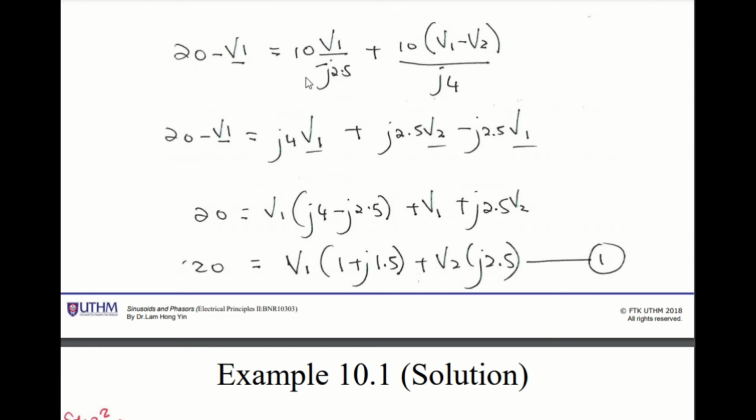Basically over here, minus J2.5 becomes plus J. If the J is at the bottom and goes up, minus becomes positive; if it is positive, it becomes a minus value. Don't forget to change the polarity of the J value if you bring the J to the top. So this is basically a single equation.